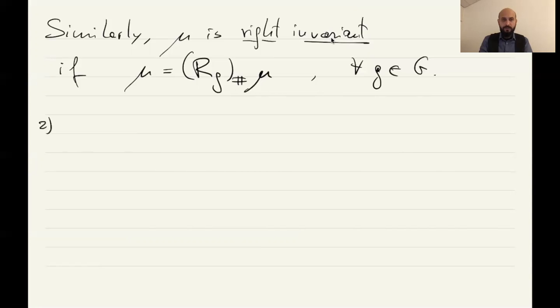So I will introduce some terminology. Let X be a topological space.